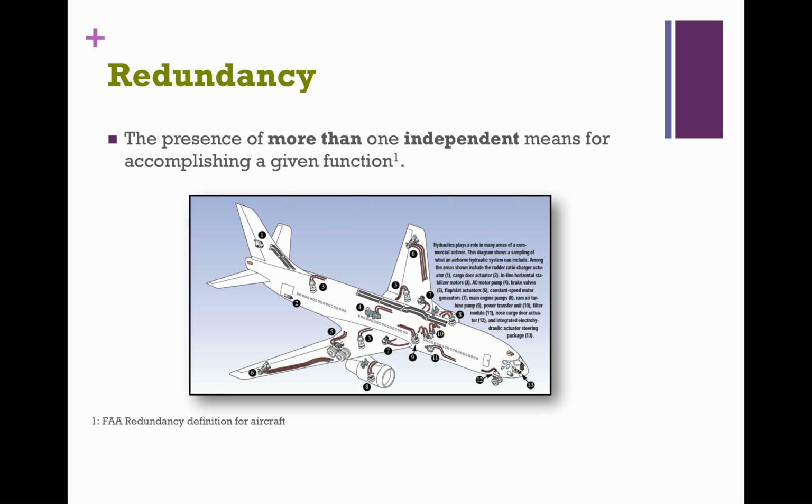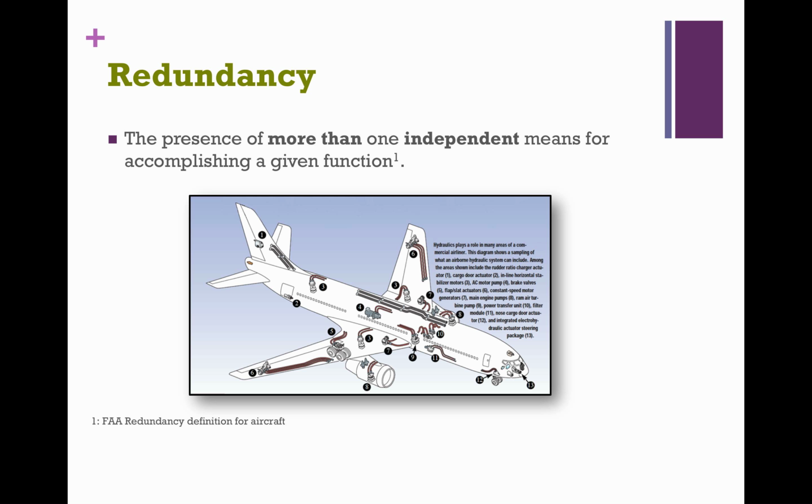In this plane, there's actually 3 different ways to control the different parts of the plane. I know we got some pilots here, so they can maybe chime in and help me out. But essentially, redundancy means that we have more than one independent means for accomplishing a given function. The key points are more than one and independent, right?